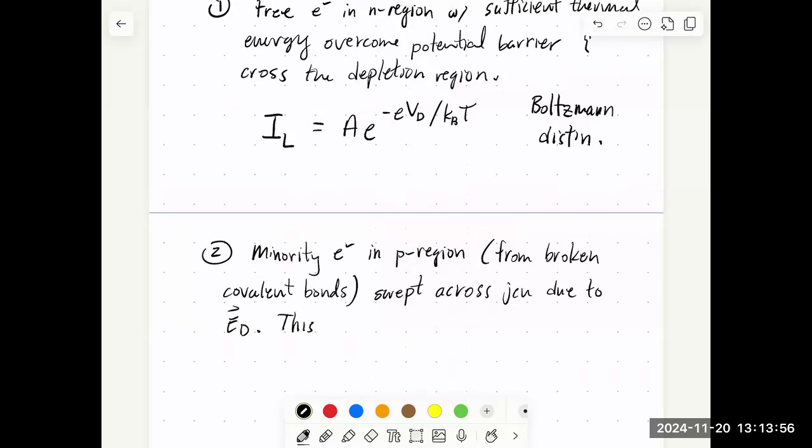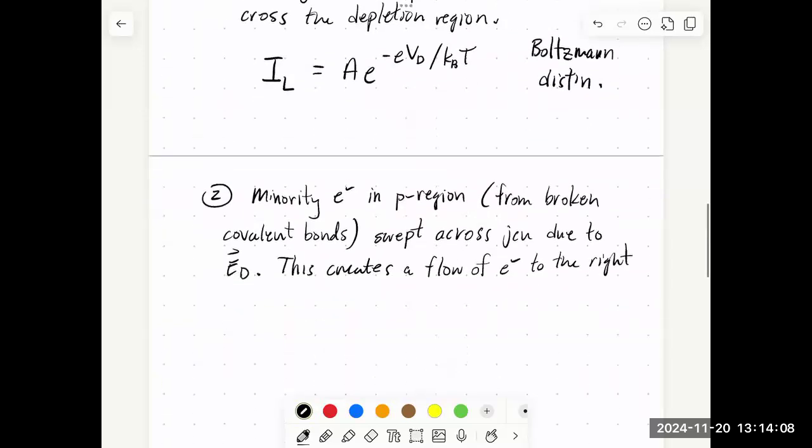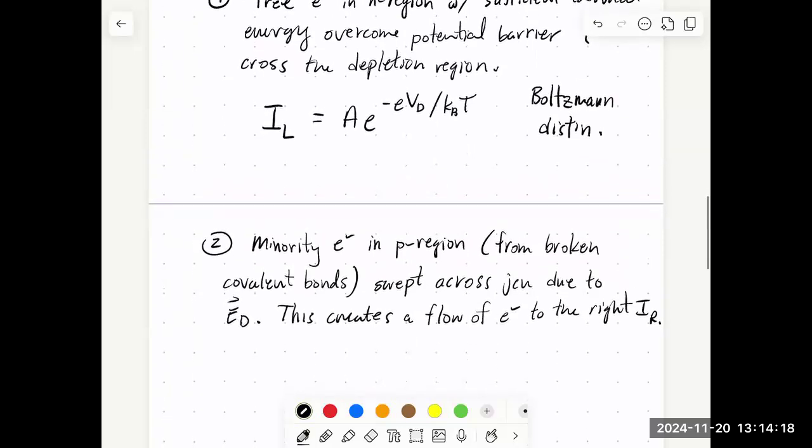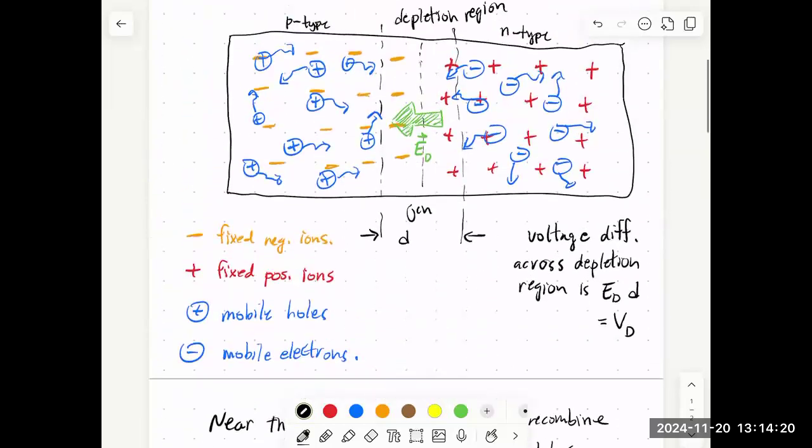So this creates a flow of electrons to the right. And so we'll call that IR. Now, so we have this IR, which we haven't written down an expression for, and we have I left.